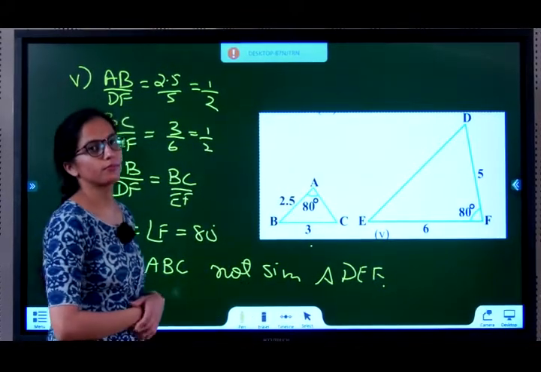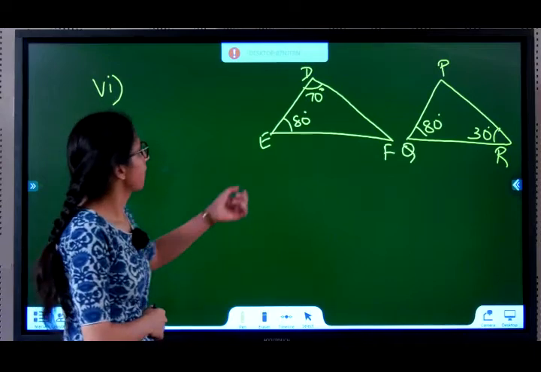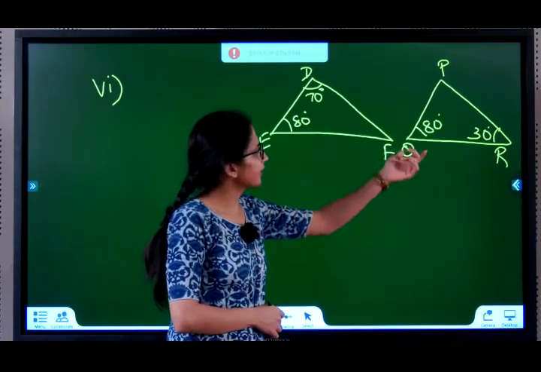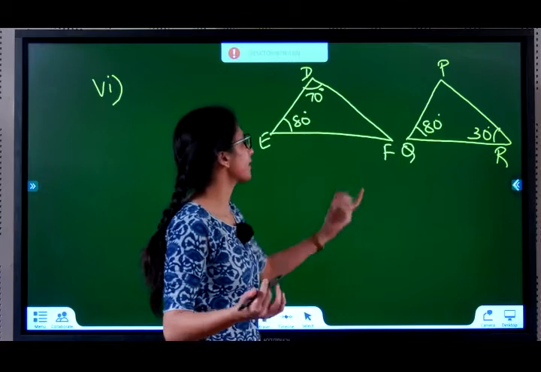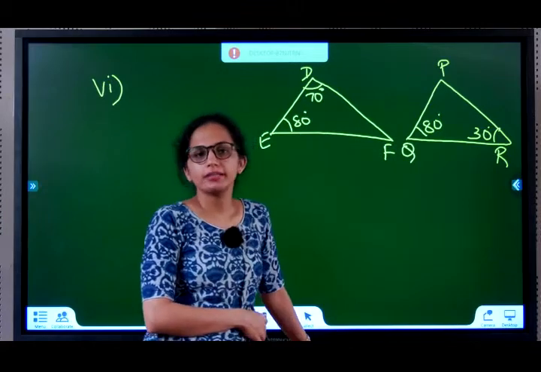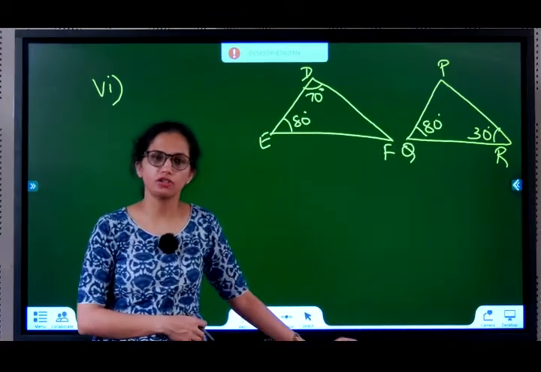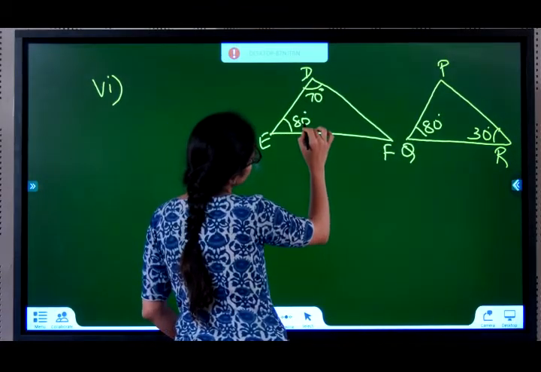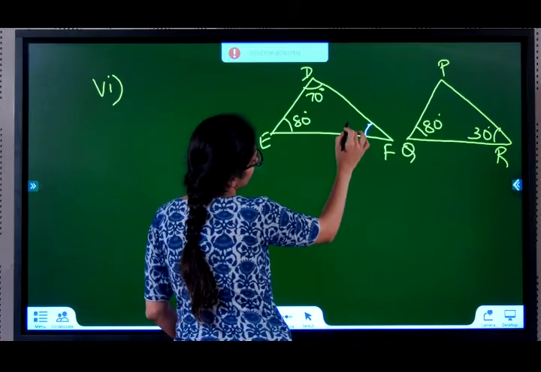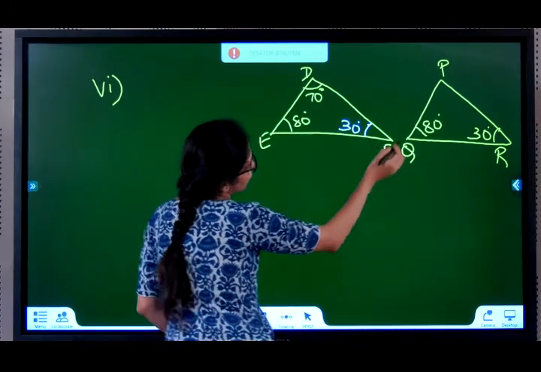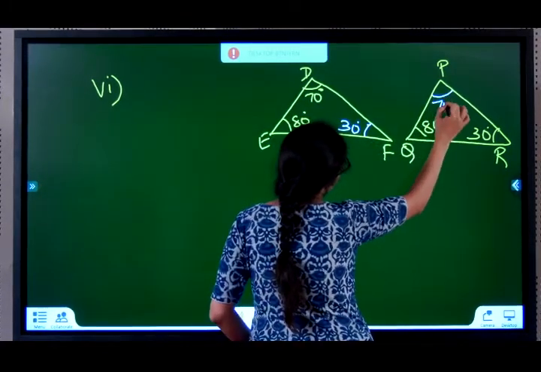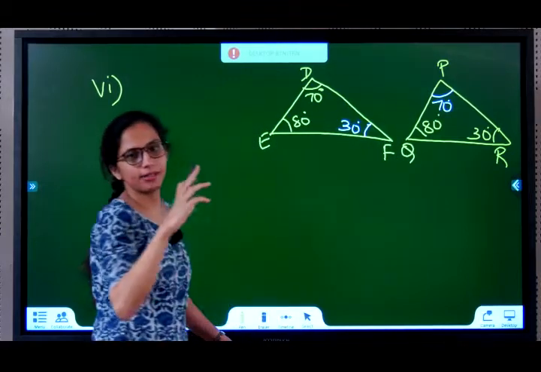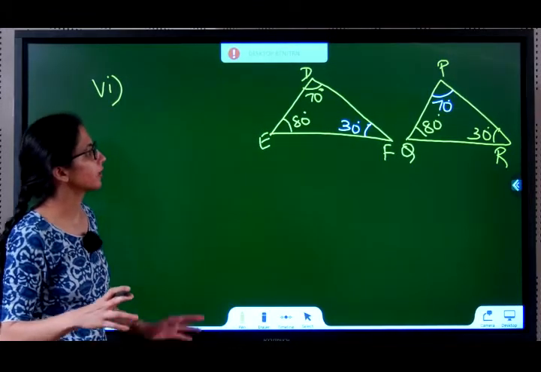Any order will do. Question 6. 70, 80 and 80, 30. Oh, you look, 80, 80 is matching, 70, 30 is not matching. Therefore, the two triangles are not similar. You'll feel that, but wrong. Why? Carefully observe 70 plus 80, 150. Using angle sum property, you will get this as 30. Using angle sum property, you will get this as 70. So basically, all three angles are matching. Is the order also the same?